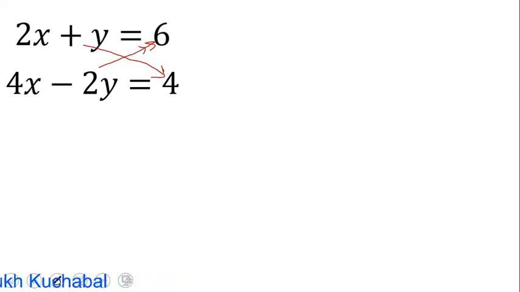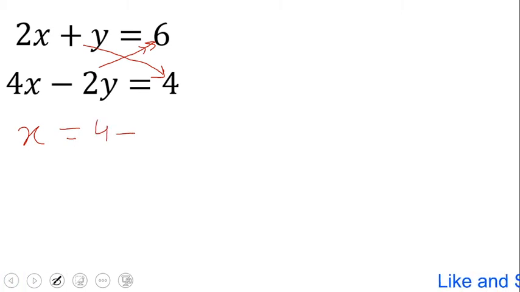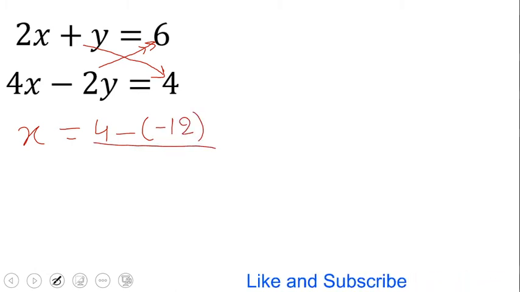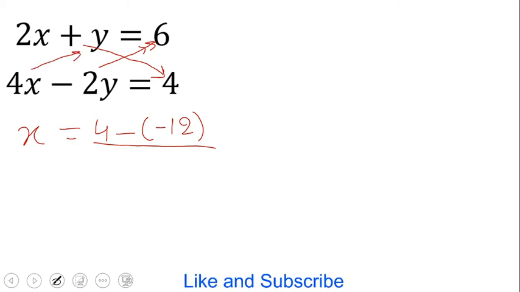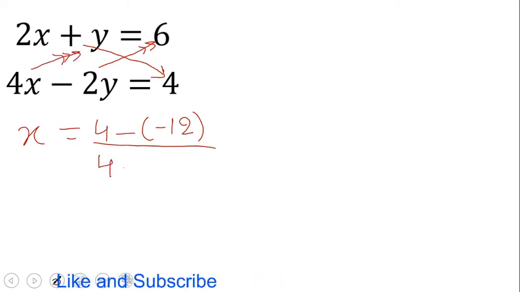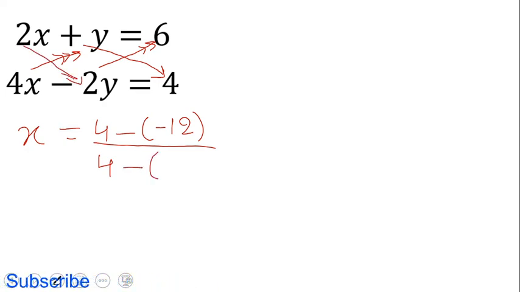So the numerator solution will be x equal to 1 4s are 4, minus 2 into 6, which is minus 12. The whole is divided by the third step, which is this: 4 into 1 is 4, compulsorily a minus sign. The fourth step is this: 2 into minus 2 is minus 4.